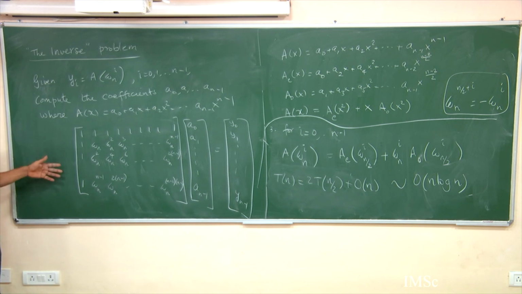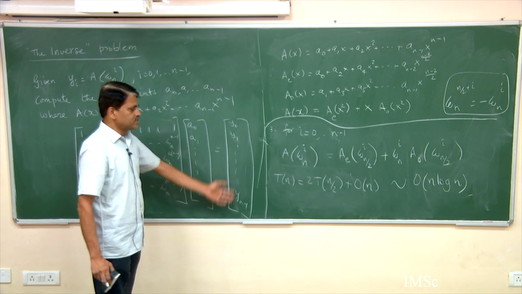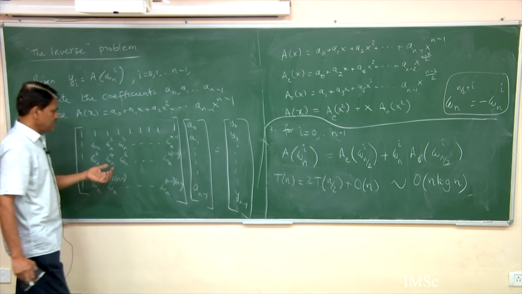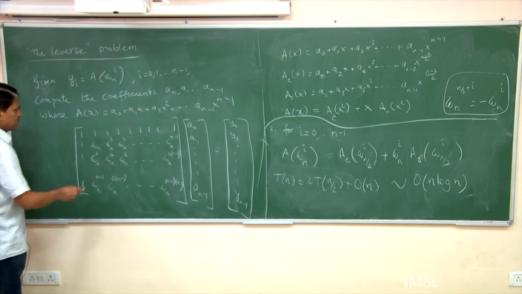So you're given that this times the column vector a_0 to a_{n-1} is equal to this column vector, and I'm interested in the inverse of this matrix.